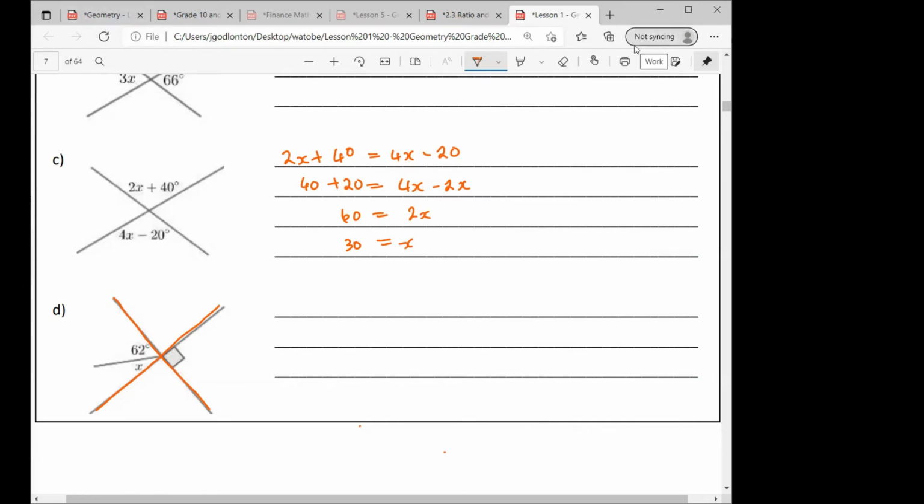We did do a similar question to this right at the beginning, but I don't want to give too much away. Let's see if anyone can find x for me.